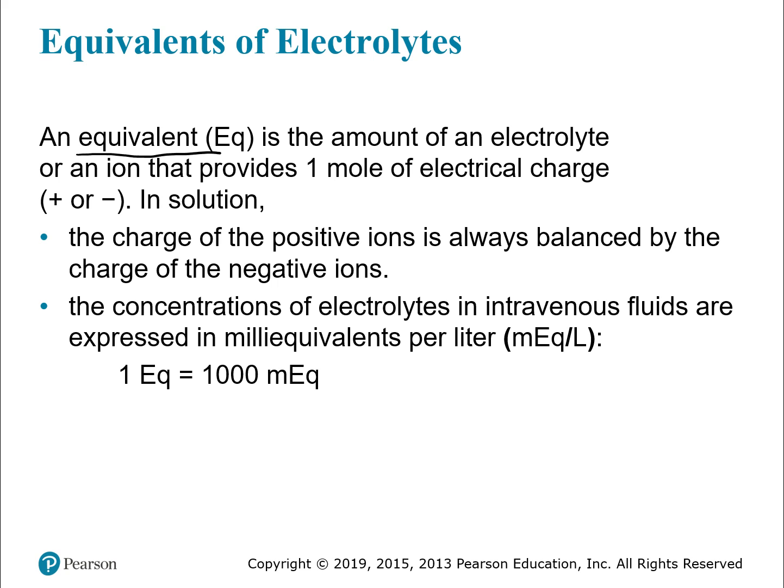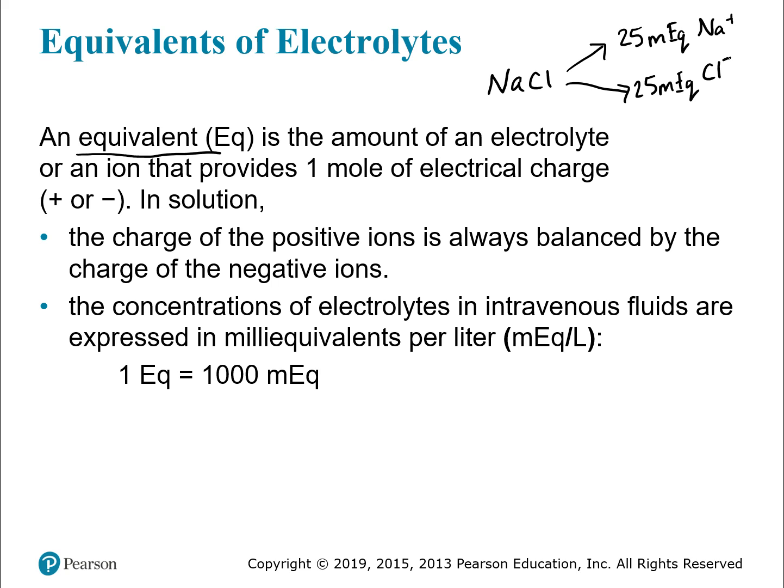So if you have, let's say, a solution of sodium chloride, and you had 25 milliequivalents, which is usually what's used, of the sodium ion, you would also have 25 milliequivalents of the chloride ion. They have to balance each other out.